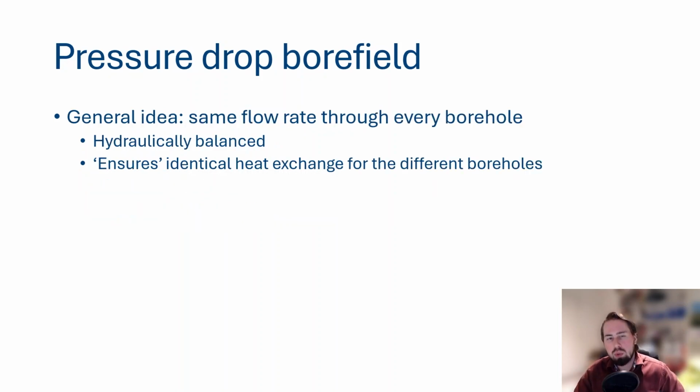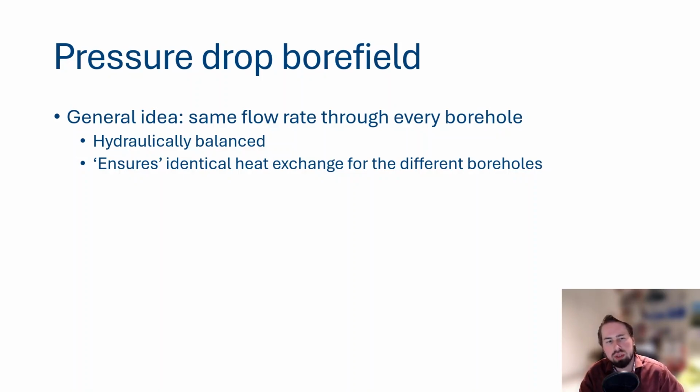And if we want to estimate the pressure drop of the bore fields, there is one general idea which is really important, and it's this assumption that actually makes it rather feasible to calculate this. And that's that we want to have the same flow rate through every borehole. This is what's called a hydraulically balanced system, meaning that every borehole has the same flow rate.